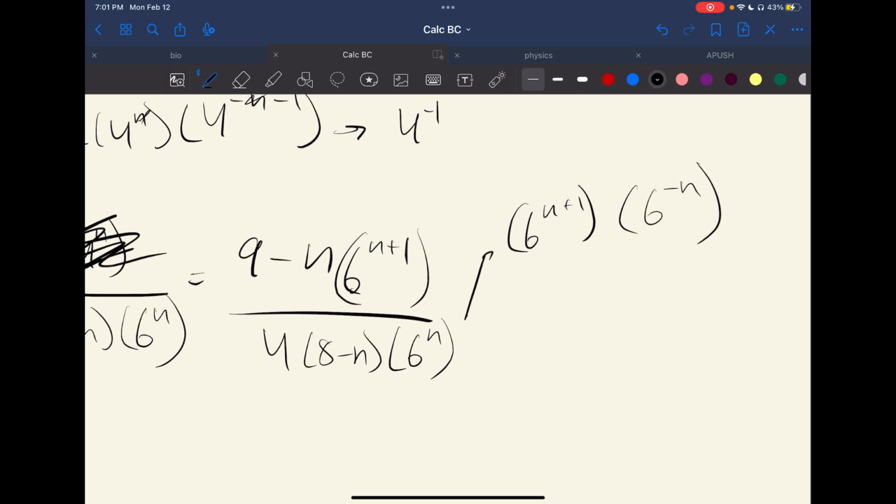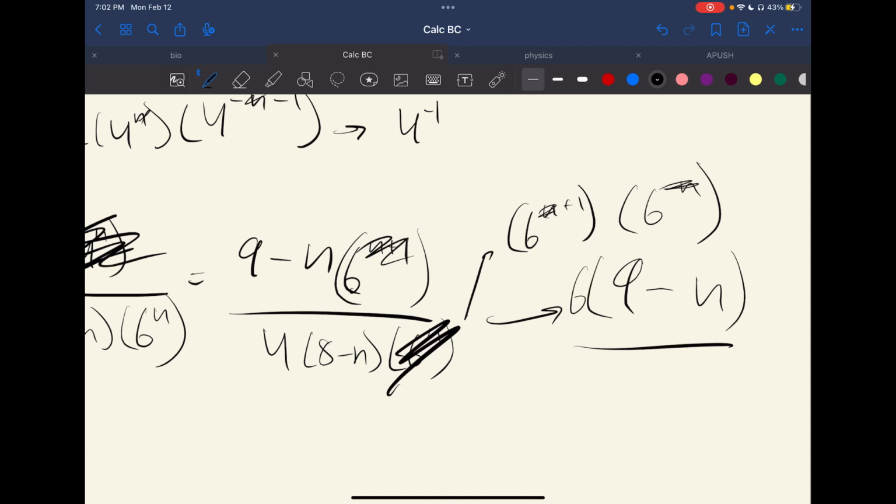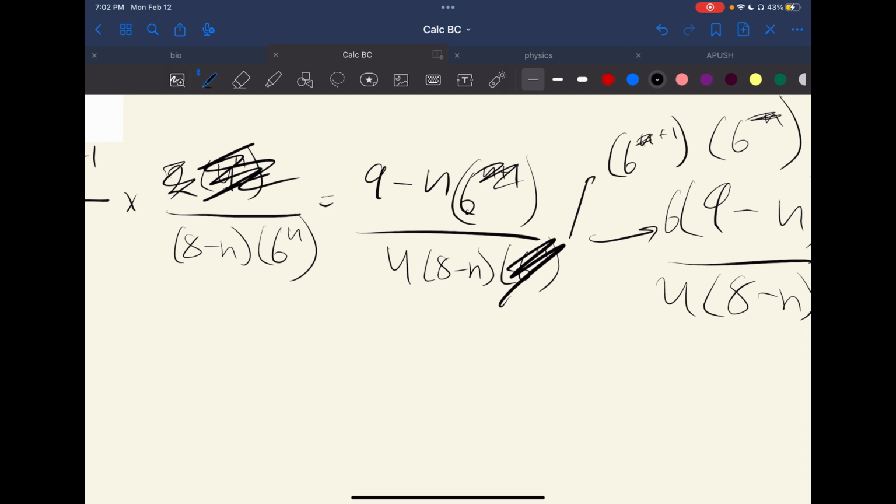So this will cancel out, and then only 6 to the 1 will stay. So then we can cross that out and cross that out. So now we have 6 times 9 minus n all over 4 times 8 minus n. And then we're going to do the absolute value of that because that's what the ratio test asks for.